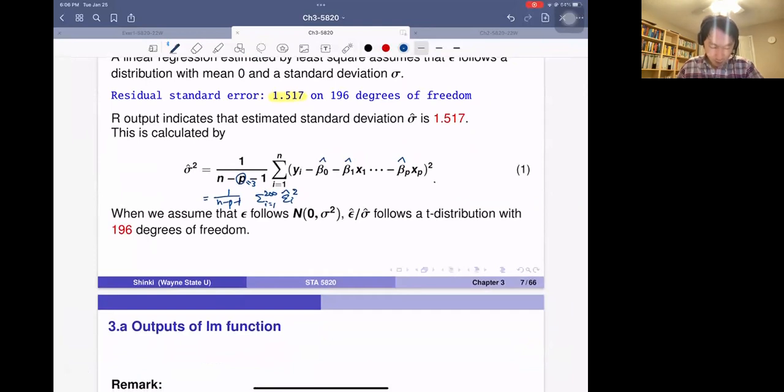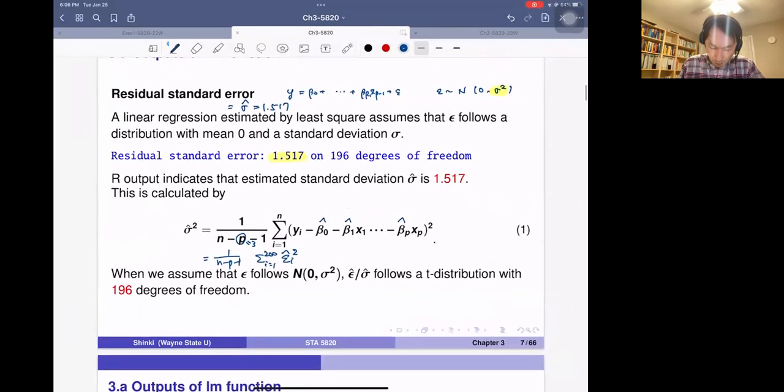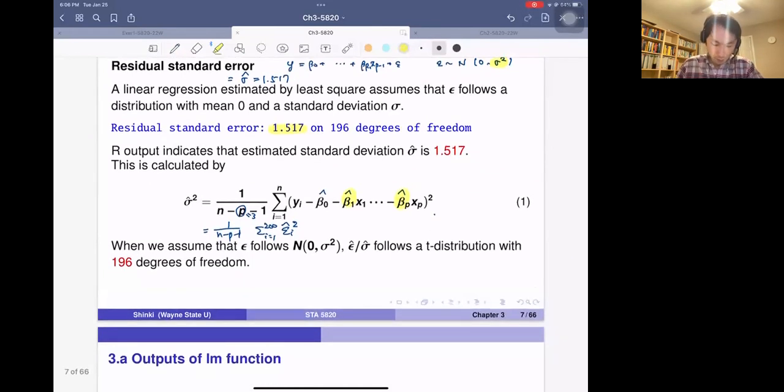In an introductory statistics course, we defined the sample variance as 1 over n minus 1 times the summation of the squared deviations. But in a linear model, not only beta naught, but also other parameters exist, so we have to deduct the number of parameters.